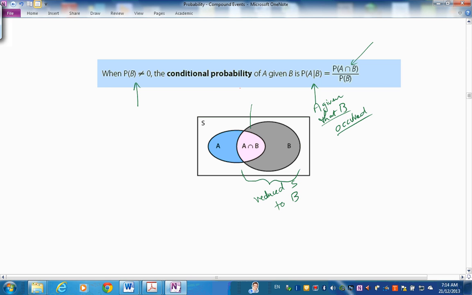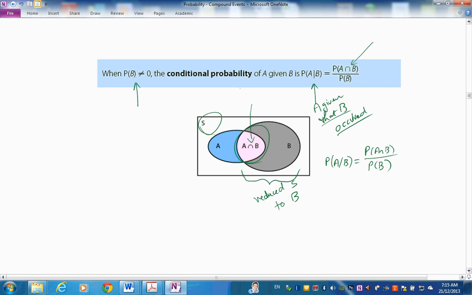There's only this little bunch in here that is also in the A set, knowing that they've got to come from the B set. So that's the idea. The probability of A given that B occurs is the probability of the intersection out of the probability of B, not out of S anymore. It's reduced. So you can think of it that way. That's what we've just been doing, taking the intersection number and dividing by B.